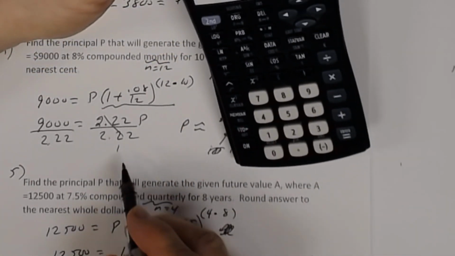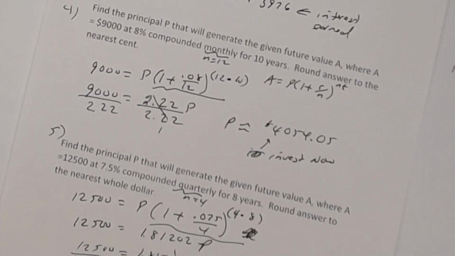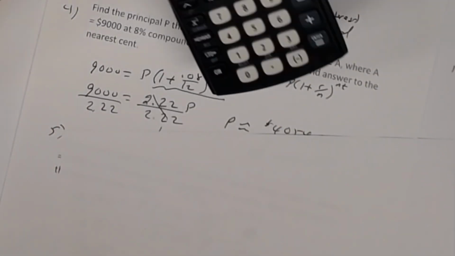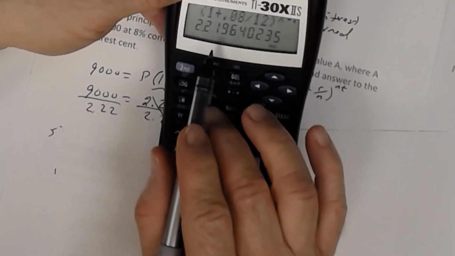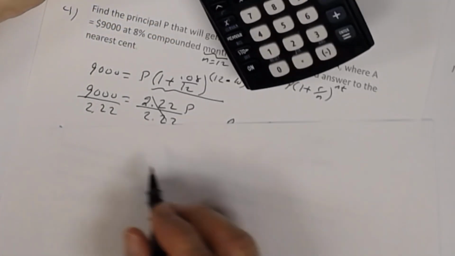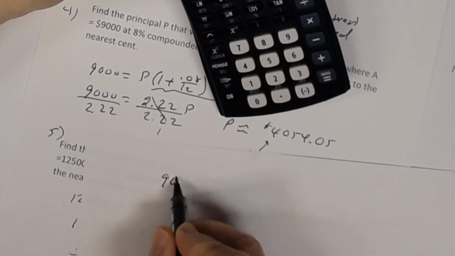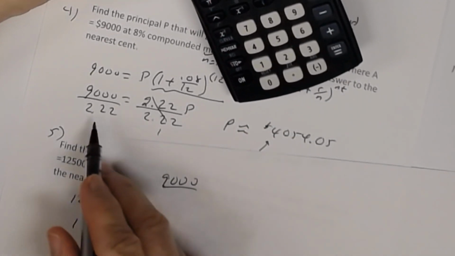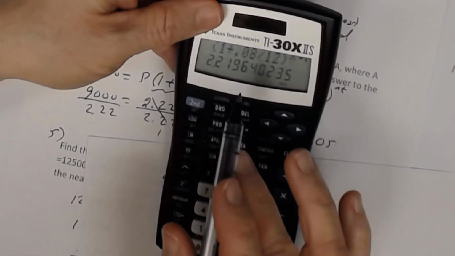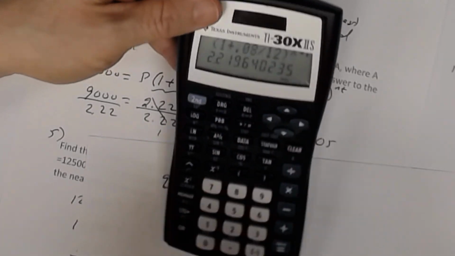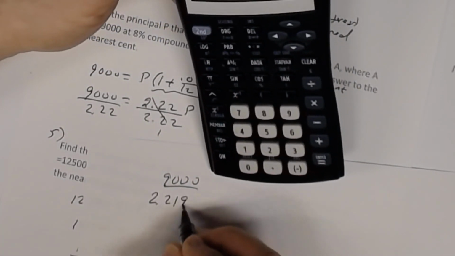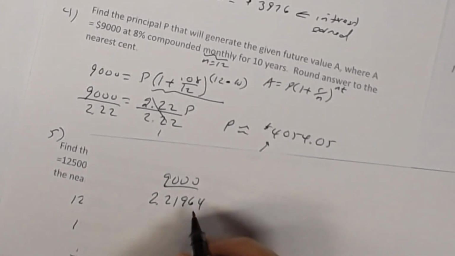So I want to show you, if you instead, try to get another sheet of paper, if you instead used, let's say, 5 digits, so 9,000 divided by, instead of using this, we use 2.21964, so 5 digits behind the decimal point.